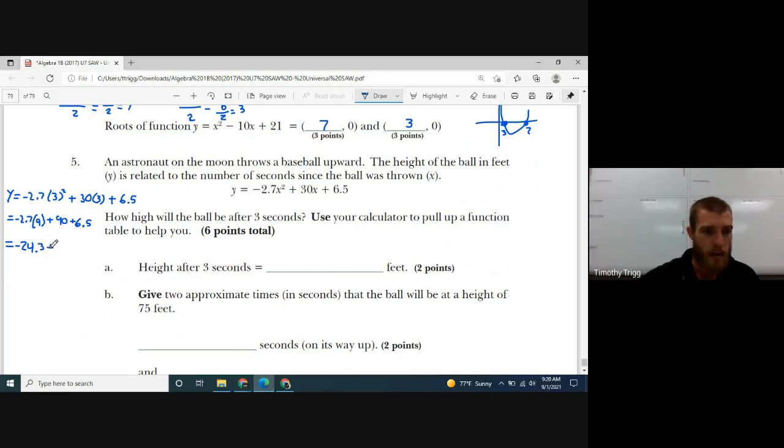So that's plus 96.5. All right, so I've got negative 24.3 plus 96.5. Okay, calculator says that that's 72.2. Okay, there we go. So after 3 seconds, the ball will have a height of 72.2 feet.